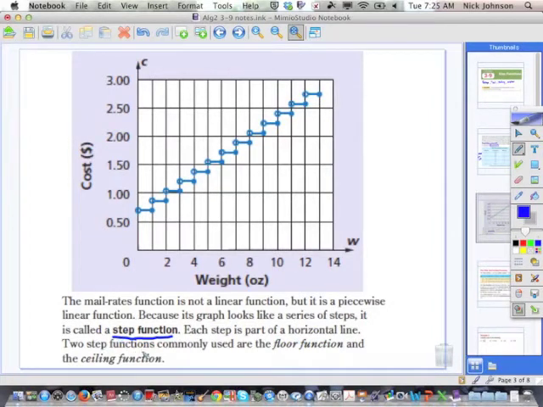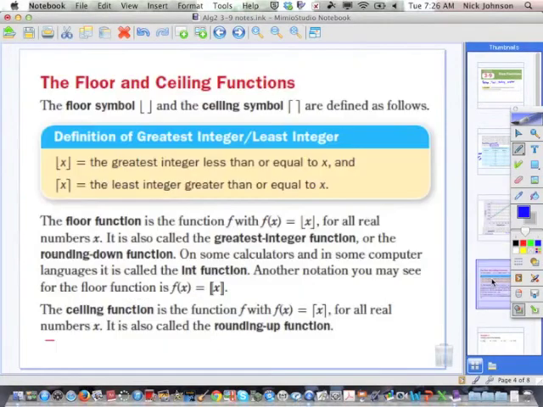Two step functions commonly used are called the floor function and the ceiling function. Okay? This would be a ceiling function due to the fact that the price gets rounded up to the next ounce. The floor and ceiling functions. The floor symbol, okay? And the ceiling symbol, with the tabs up on top, are defined as follows.